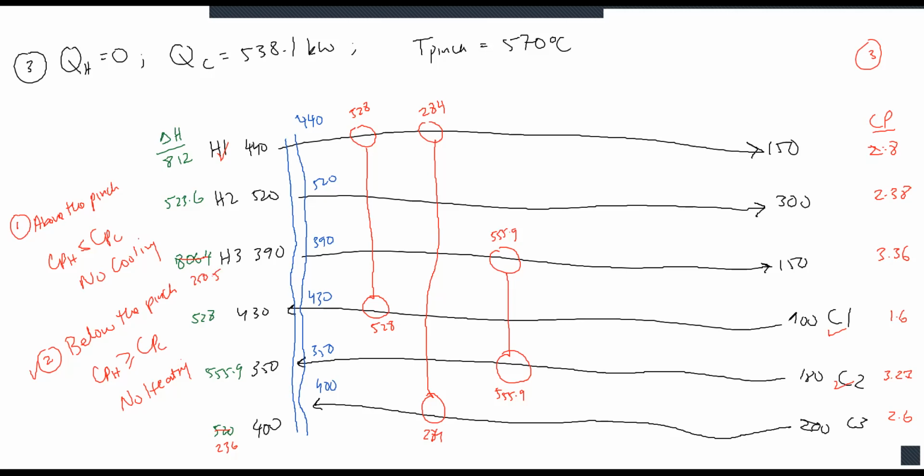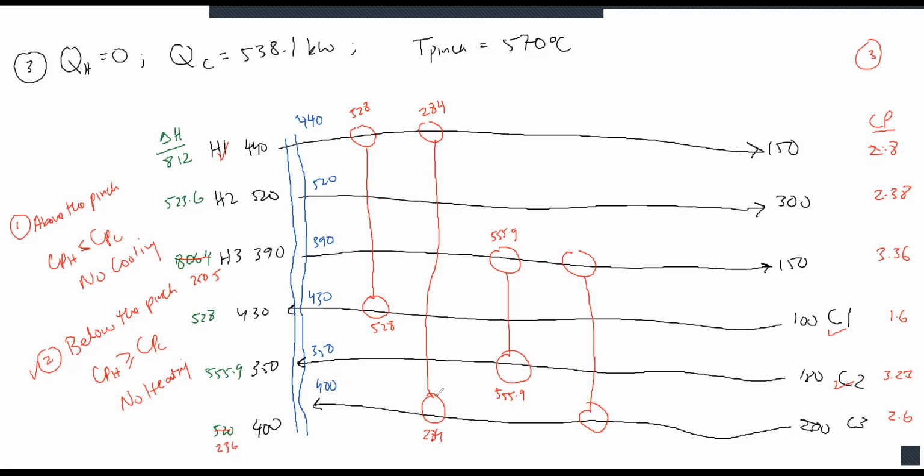250.5 left. So now let's see H3 with C3. Can I make this connection? H3 has 3.36, C3 has 2.6. So the CP for the hot stream H3 is larger than the CP for the cold stream C3, so I can make this connection. So I'm going to connect another heat exchanger here. And H3 has 250.5 to give.